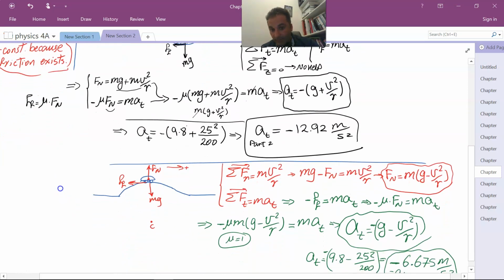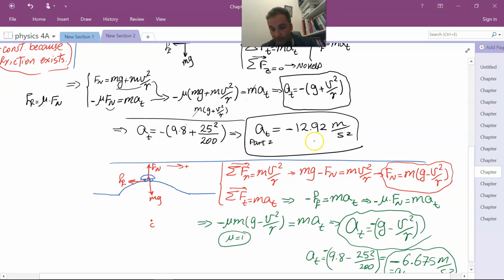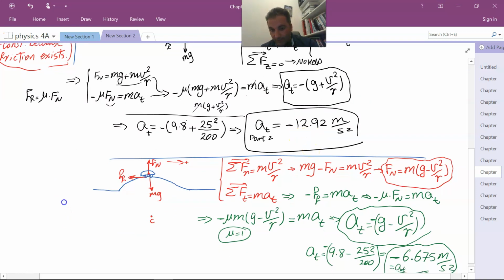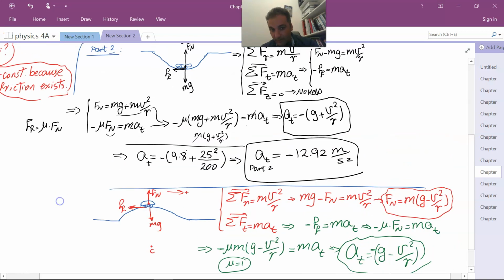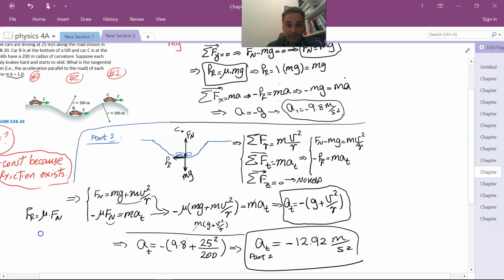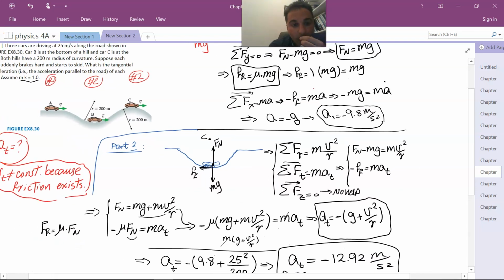That negative is just direction. On the top, you have that. So this question tells me when you are at the bottom of the hill, you feel very heavy.